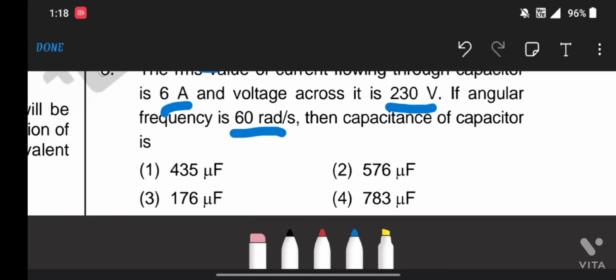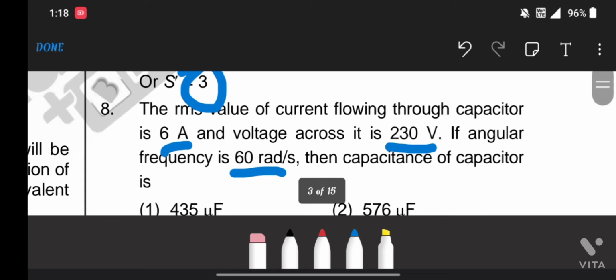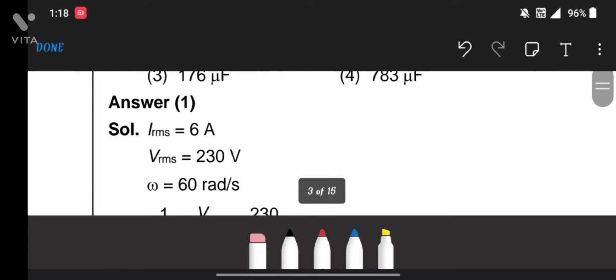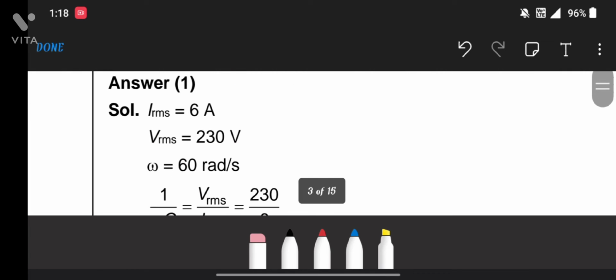Now if we use the formula, 1 by omega C, that is 1 by angular frequency times capacitance, is equal to VRMS by IRMS. So VRMS is 230.